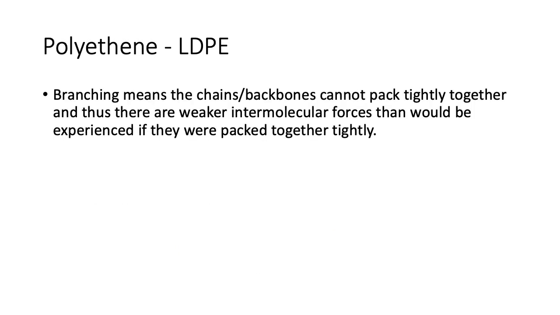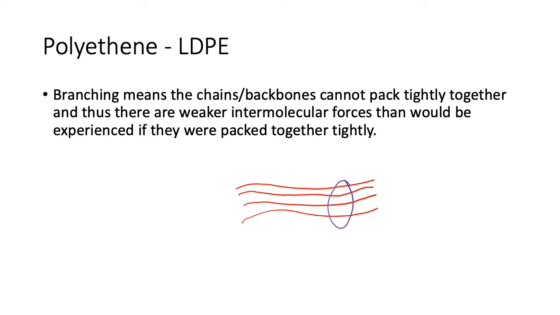Branching means that the chains and backbones cannot pack tightly together, and thus there are weaker intermolecular forces than there would be if they were all packed really tight together. If you could get all of your strands real close to each other, they'd form very strong dispersion forces across the entire rank of chains.